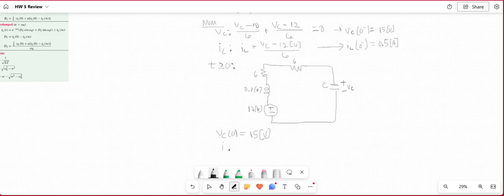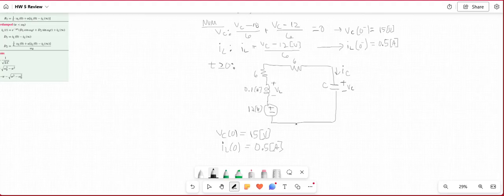And IL of 0 equals, again, for the inductor, current doesn't change instantaneously through an inductor. So this is 0.5 amps. Okay. And now, so this is IC.